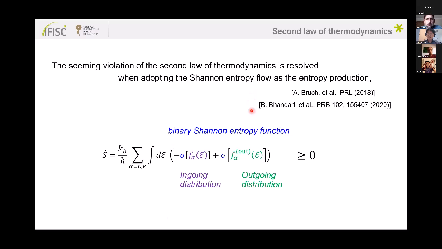Actually, in previous studies by Ponomarev and Arrachea, they have shown that when this quantum scatterer is driven by fast AC, then Clausius relations can be violated, and this type of quantity rather identifies the entropy production in a more appropriate way. This is basically counting the Shannon entropy function for each ingoing and outgoing energy occupation for each reservoir.